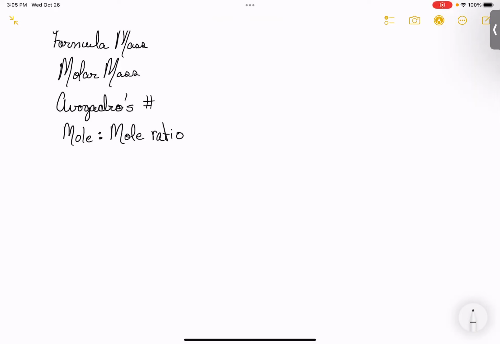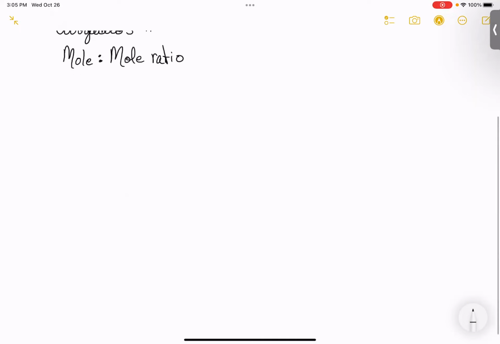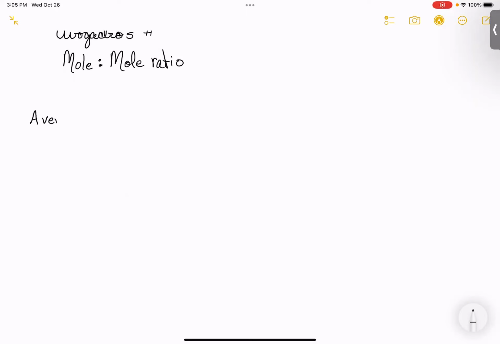Okay, so back around the time of the first exam, one of the things that we discussed was how to come up with the average atomic mass of an element. The average atomic mass is what is represented in red on the periodic table on the wall.